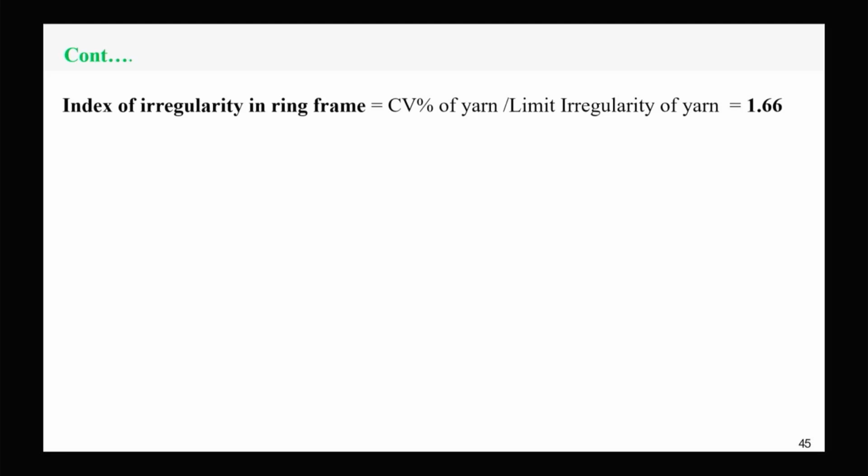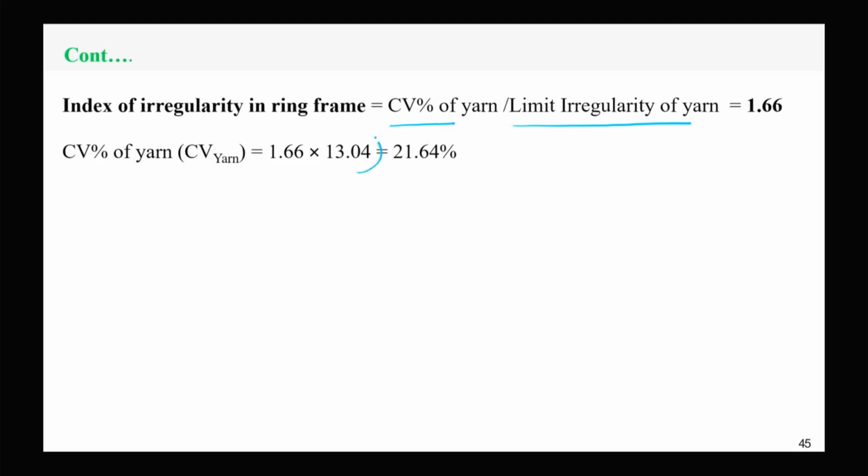So index of irregularity of ring frame is CV of yarn by limit irregularity. Limit irregularity we have already calculated as 13.04, and index of irregularity was 1.66, so CV of yarn is 21.64.